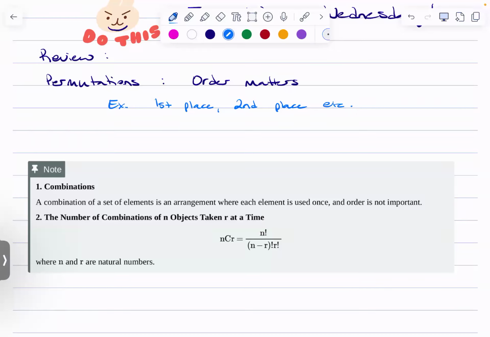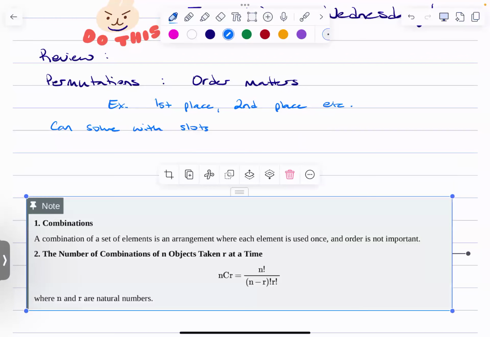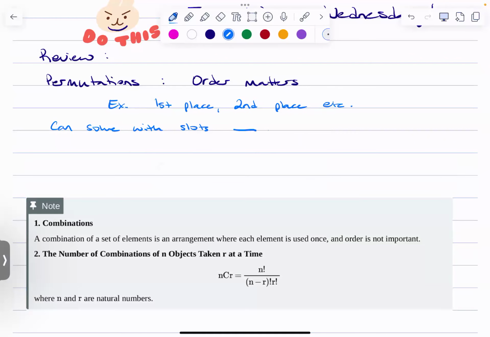And so one of the ways you can solve it is with slots, which I tend to prefer, right? Like this, 1, 2, 3, maybe first place, second place, third place, right? That kind of thing, or a tree diagram.